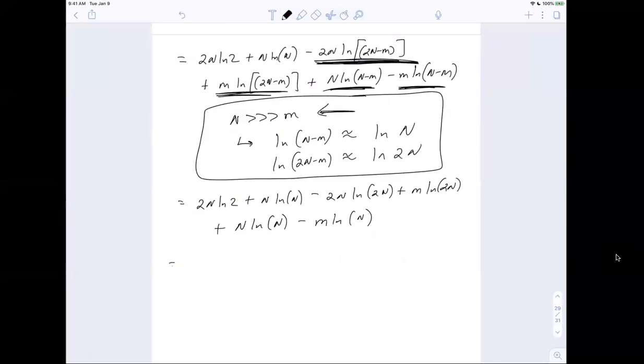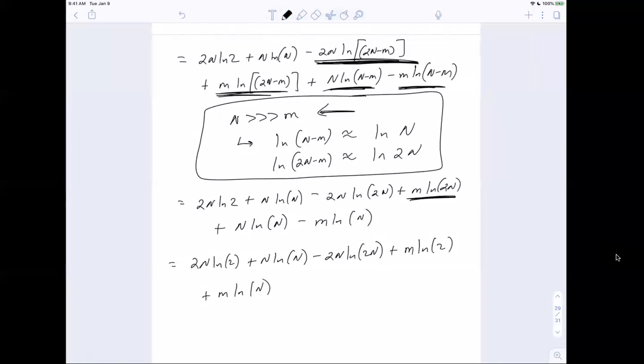All right, so this is going to give us 2n log 2 plus n log n minus 2n log 2n plus m log 2 plus m log n. And there what I did is I said this is equal to m times log of 2 plus m times log of n.